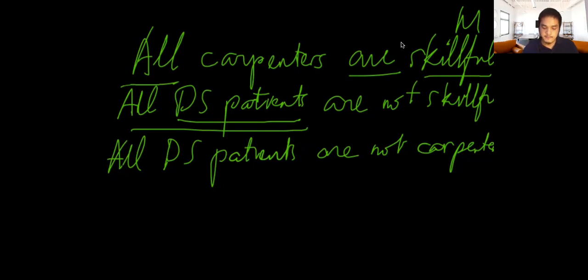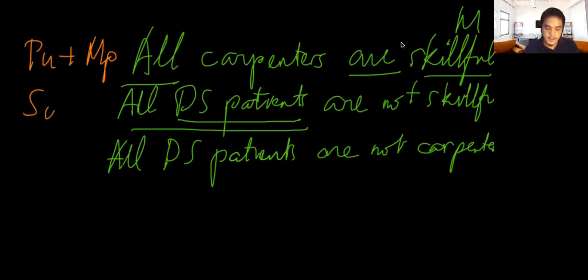We have PU plus MP, SU minus MU, and then SU minus PU.